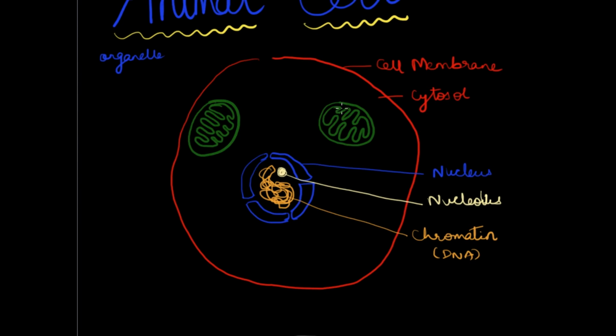Also again, make sure that these two lines have some gaps between. So this is the mitochondria. Now mitochondrion is the singular form, while mitochondria will be plural.